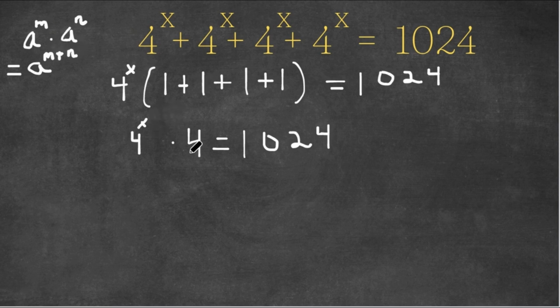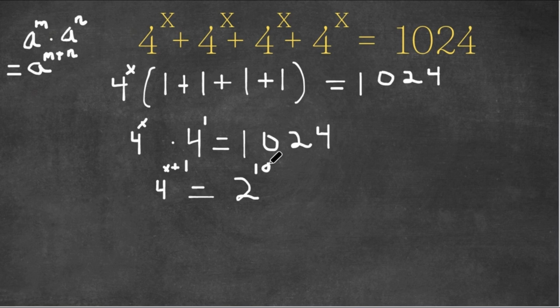So 4 to the power of x times 4 to the power of 1, because 4 is equal to 4 to the power of 1, this is going to be equal to 4 to the power of x plus 1, because x in this case is m and 1 is n. And this is equal to, I'm actually going to rewrite 1024 as 2 to the power of 10.